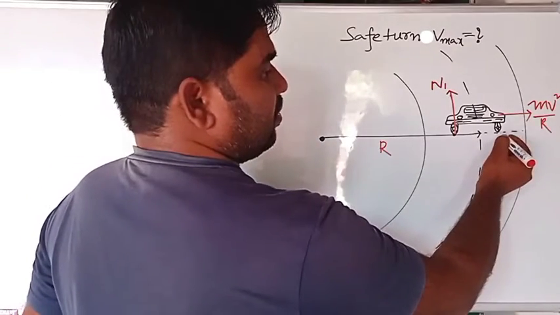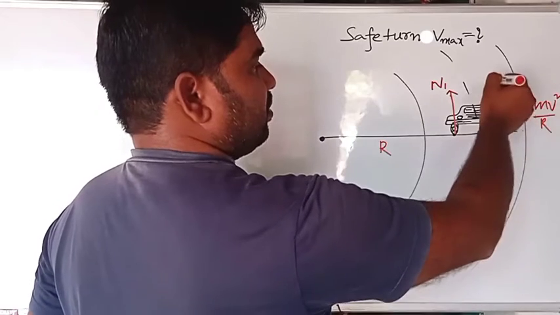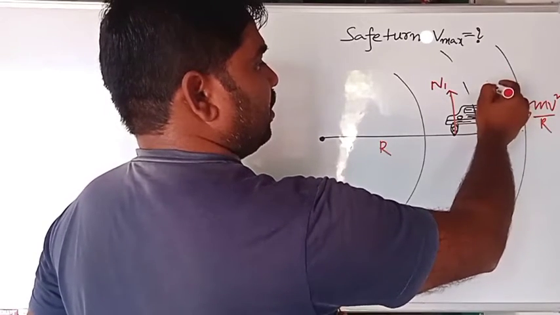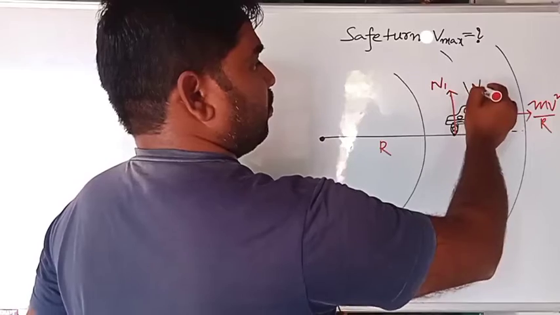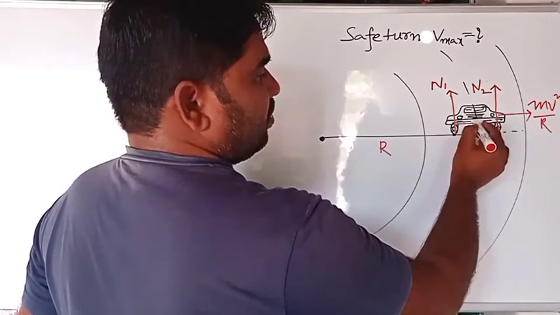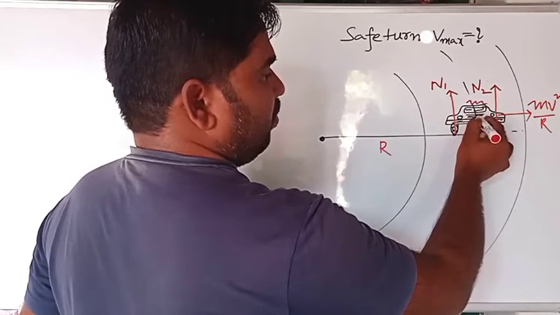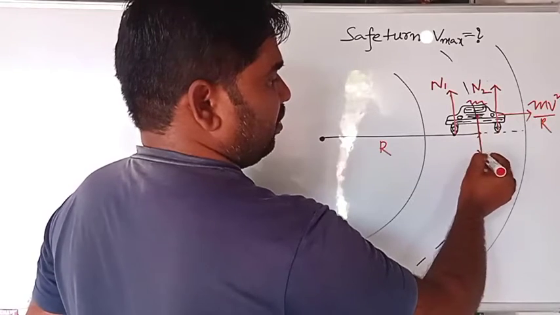And the second tire is also touching the surface, here N2 is the normal reaction. Mass of the car is assumed as M, and weight is acting in the downward direction, which is equal to mg.